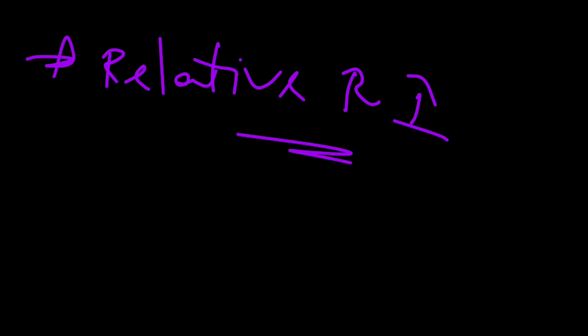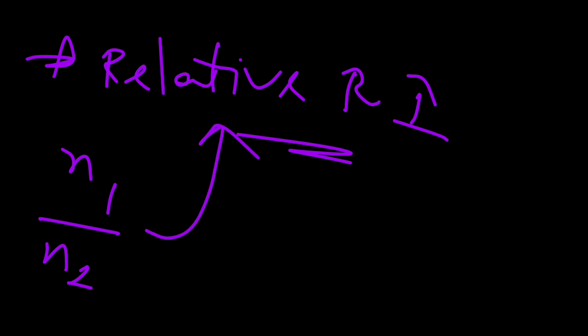The refractive index of one medium with respect to another medium is called relative refractive index. It tells us how much light bends when it travels from one medium to another medium, right?